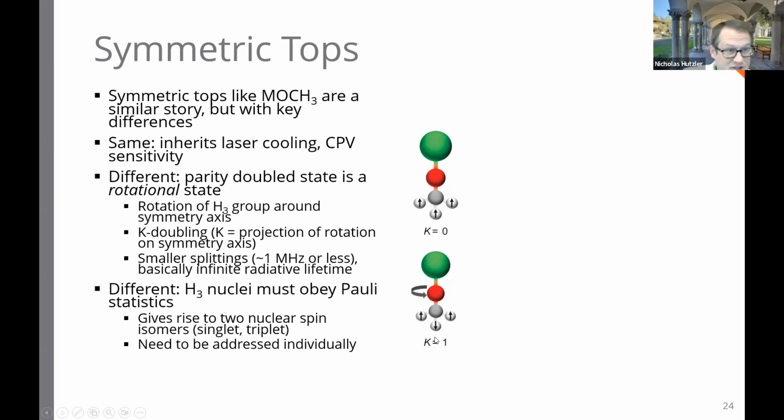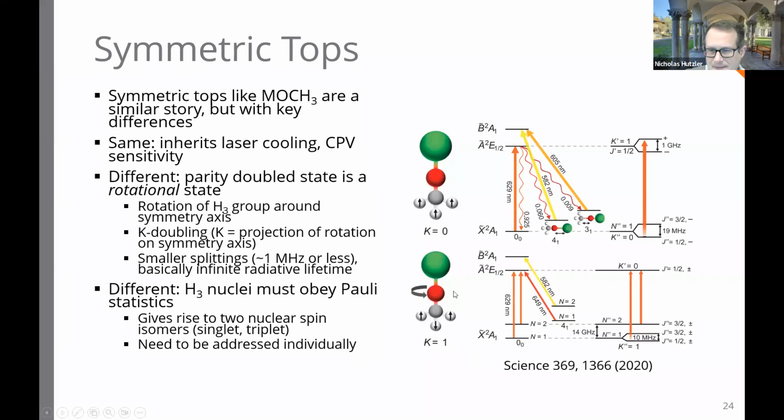And that tends to be very strongly coupled to the rotation of the molecule as well. And the reason that's a complicating factor is that these 2 nuclear spin isomers, you basically need to address them individually. So you sort of have to add new repump lasers to address the K = 0 and K = 1 states.